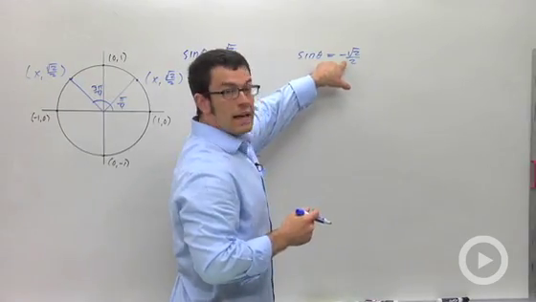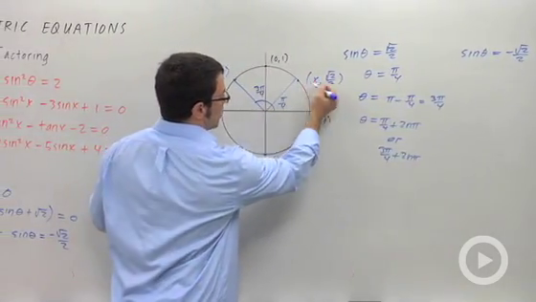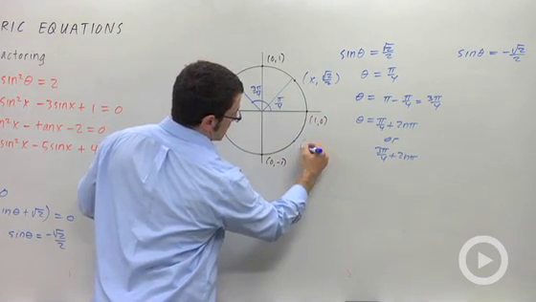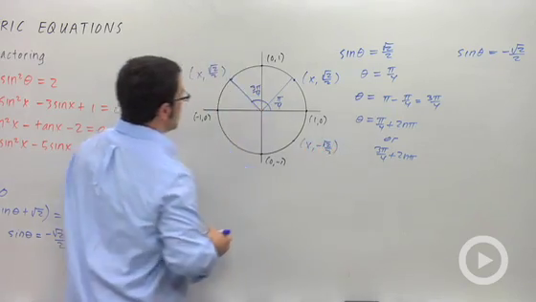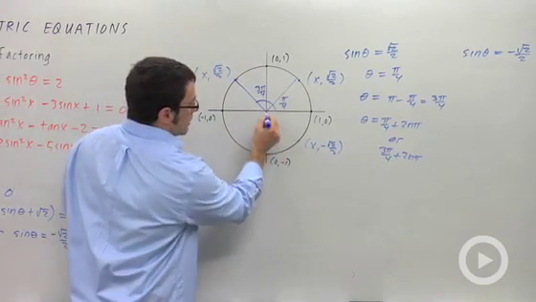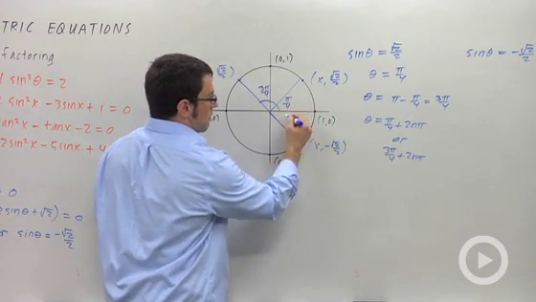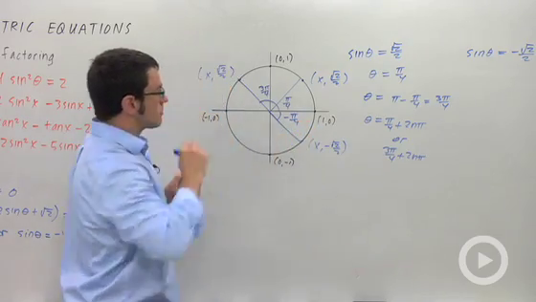Now, what about the second equation? Sine theta equals negative root 2 over 2. Well, negative root 2 over 2 would be the reflection of this point across the x-axis. And so here's my angle. And it makes sense that this would be the reflection of this angle, negative pi over 4.